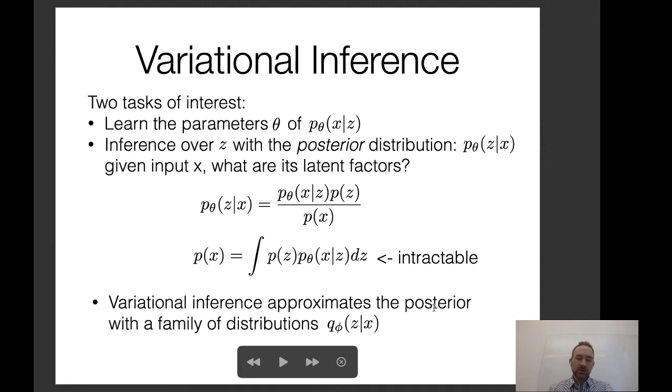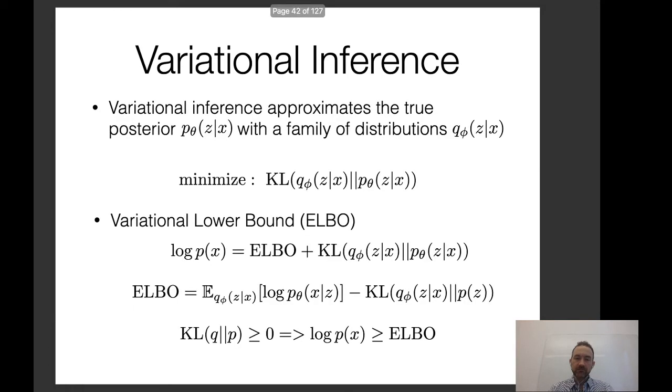So what variational inference does is it approximates this posterior probability of the latent variables given x by another family of distributions, q phi here. This itself can also be parameterized by a neural network, for example, which allows us to learn the posterior distribution and do better inference.